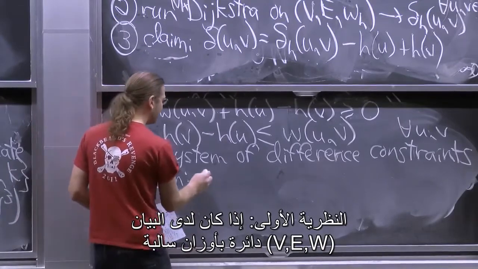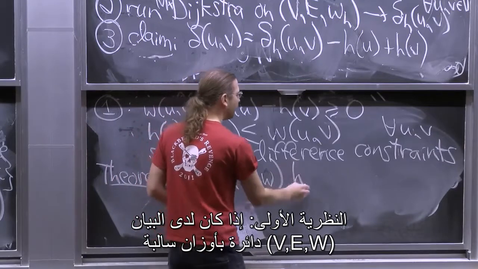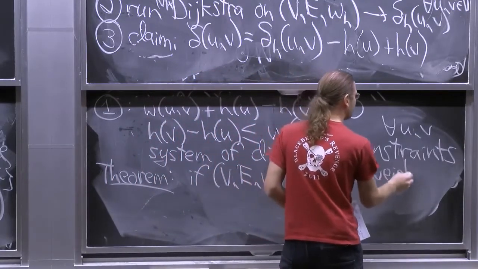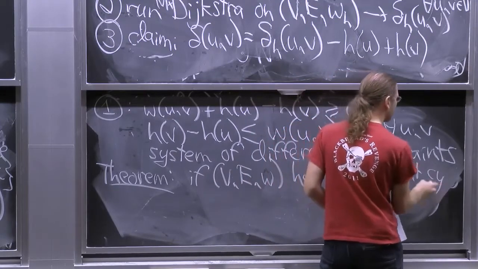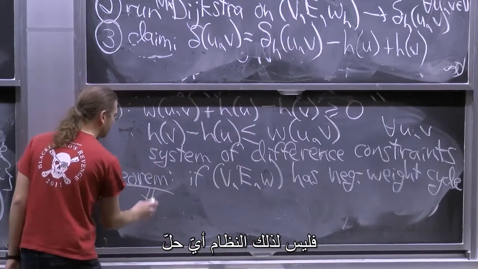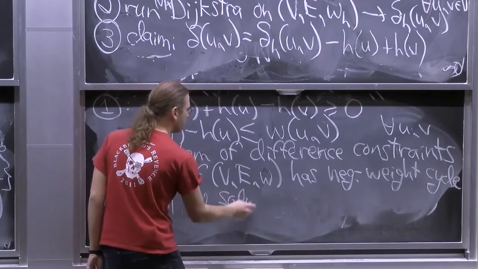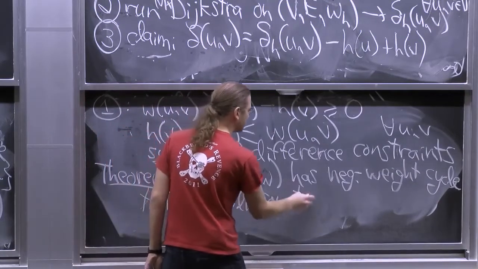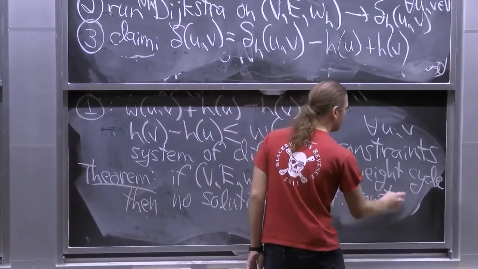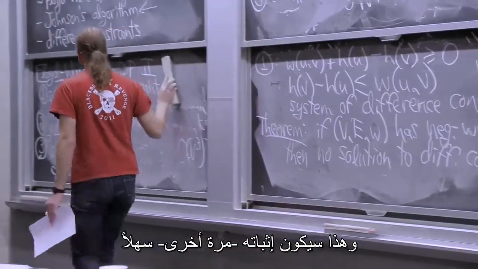First theorem is that if the graph V, E, W has a negative weight cycle, then that system has no solution. No solution to the difference constraints. This is going to be, again, an easy proof.